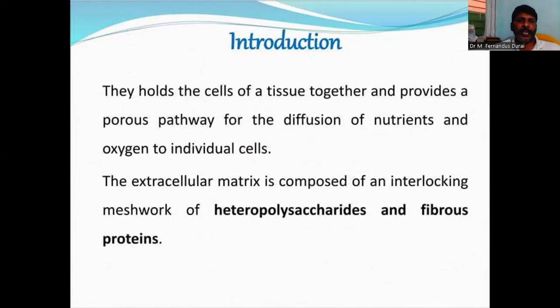It holds the cells of the tissue together and provides a porous pathway for the diffusion of nutrients and oxygen to individual cells. The extracellular matrix is composed of an interlocking meshwork of heteropolysaccharide and fibrous protein.